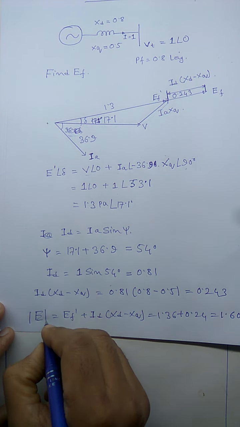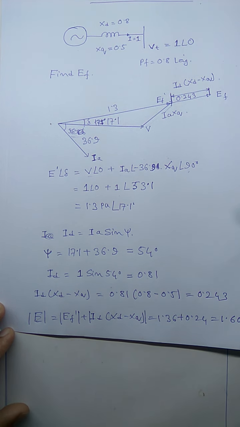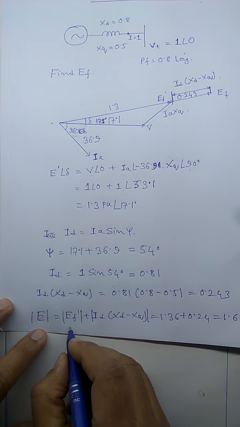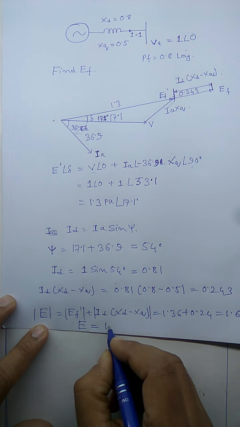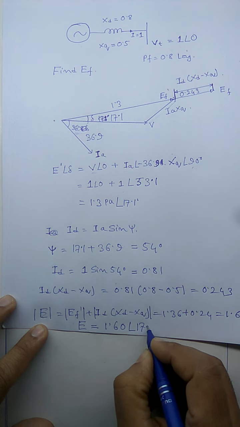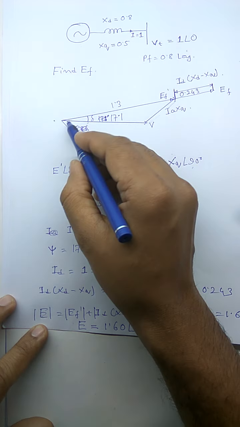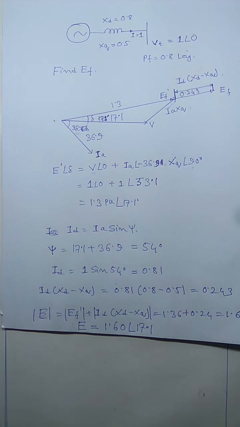Please understand that these are magnitudes. The value of E will be 1.60 at an angle of 17.1 degrees. This is the magnitude, this is the angle. So this is how we can calculate this.